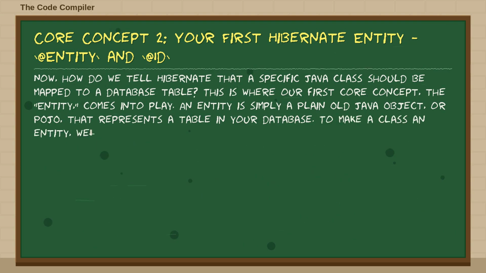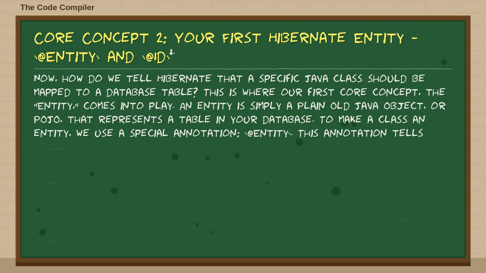To make a class an entity, we use a special annotation, @Entity. This annotation tells Hibernate, hey, this class, for example, Student, is something you need to manage and persist in the database. And every database table needs a primary key, right?